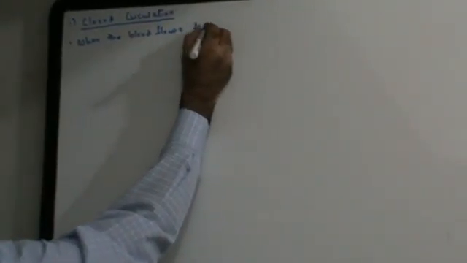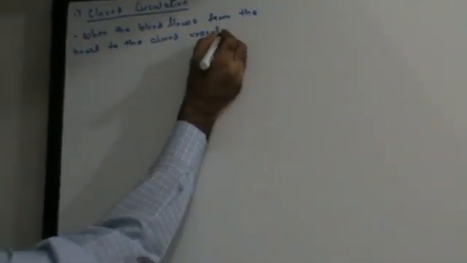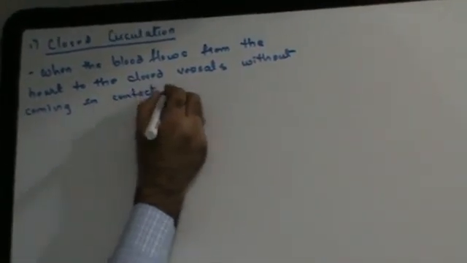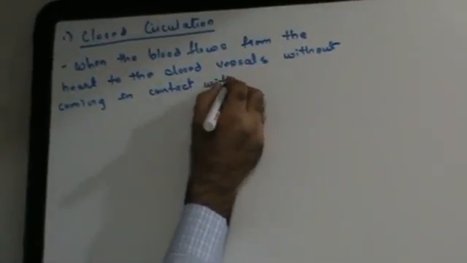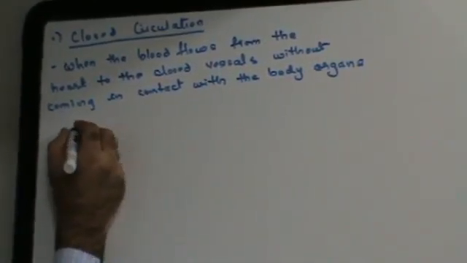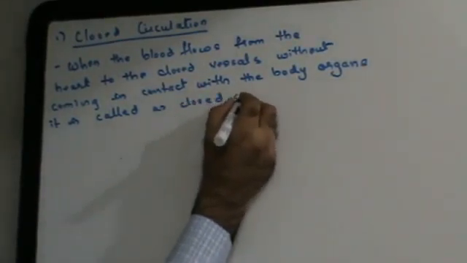When the blood flows from the heart to the closed vessels without coming in contact with the body organs, it is called as closed circulation.